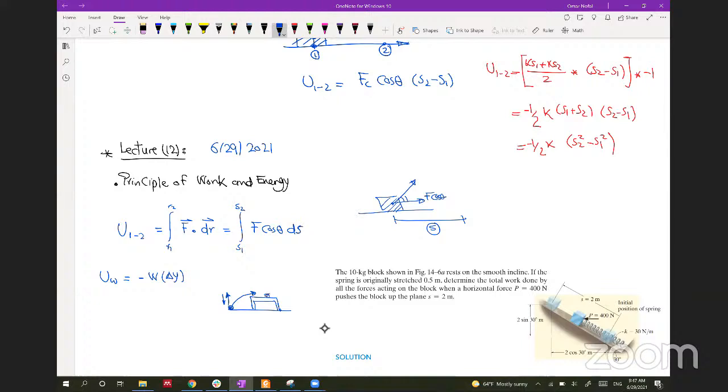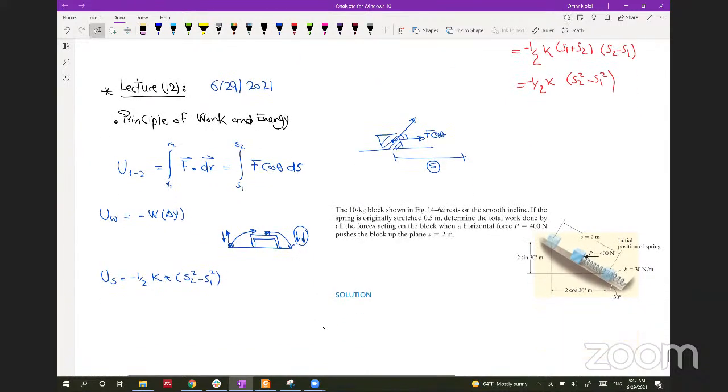But if the body is moving down, the weight and the distance are in the same direction, so this will be positive. And the work exerted by a spring is equal to negative 0.5 multiplied by k of the spring multiplied by S2 square minus S1 square.